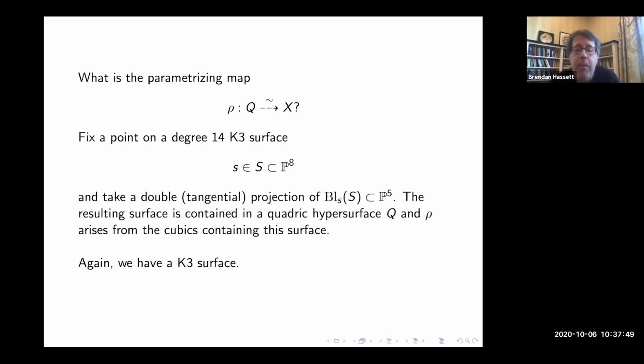If you count parameters, it will generally be contained in a quadric hypersurface. And there's an explicit linear series of cubics containing this projected surface. And that explicit linear series will map the quadric onto the cubic fourfold. And so, again, remarkably, we have a K3 surface that arises naturally from these birationality constructions.